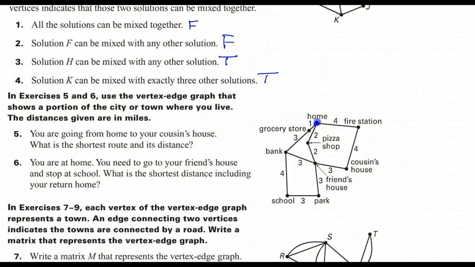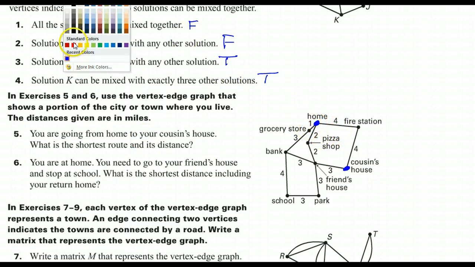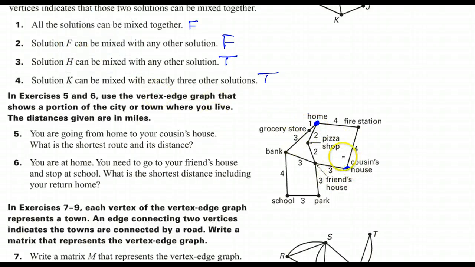So we're going from home to the cousin's house. What is the shortest route and distance? Okay, it seems to me that the shortest route is going to be like this, to the cousin's house.